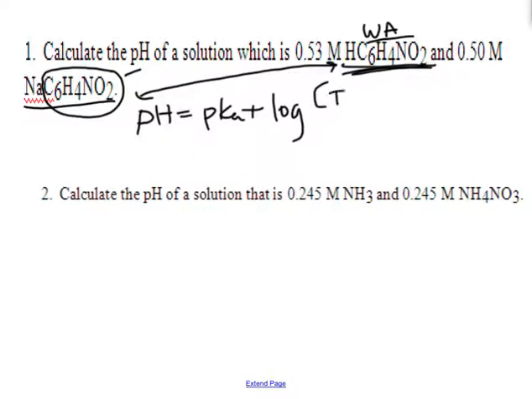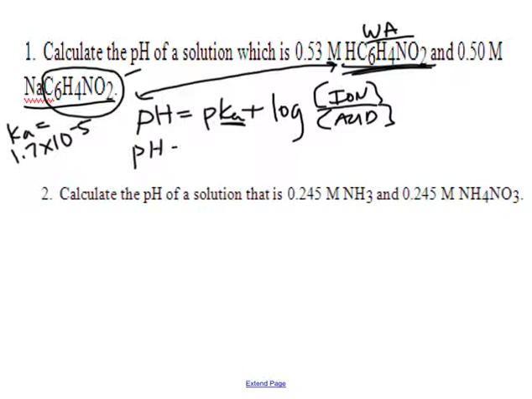So the ion, in this case, over the concentration of the acid. The Ka I looked up for this nicotinic acid is 1.7 times 10 to the negative fifth. So pH is equal to, what is P again?